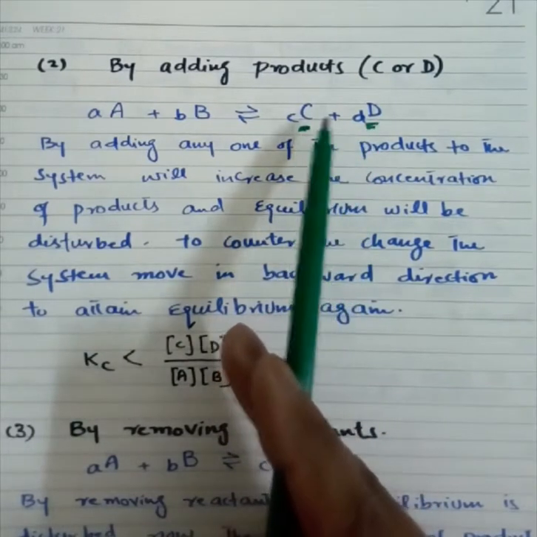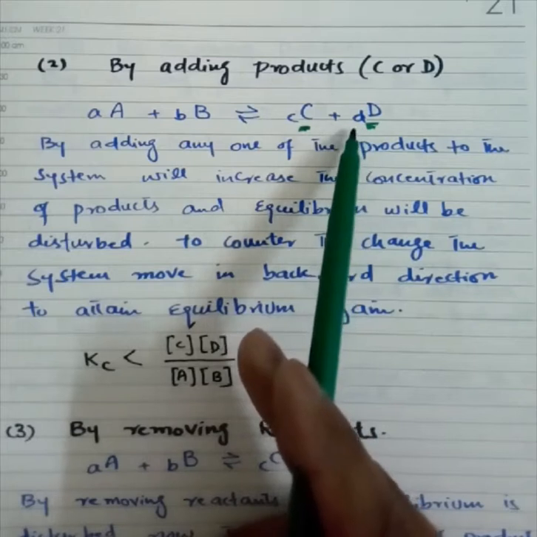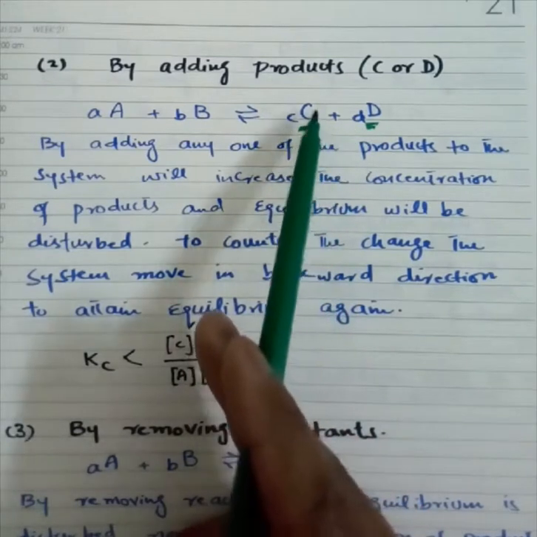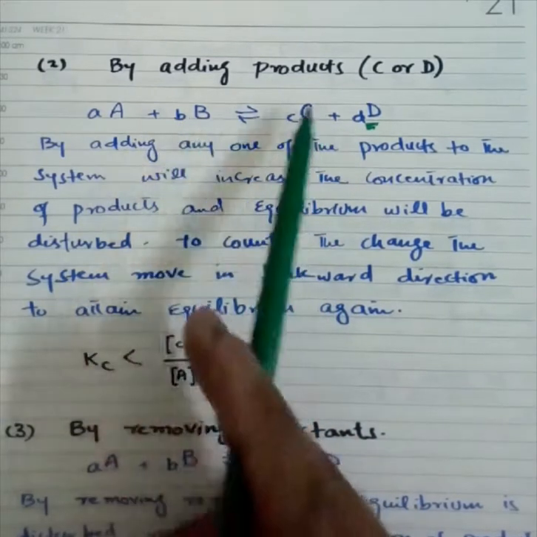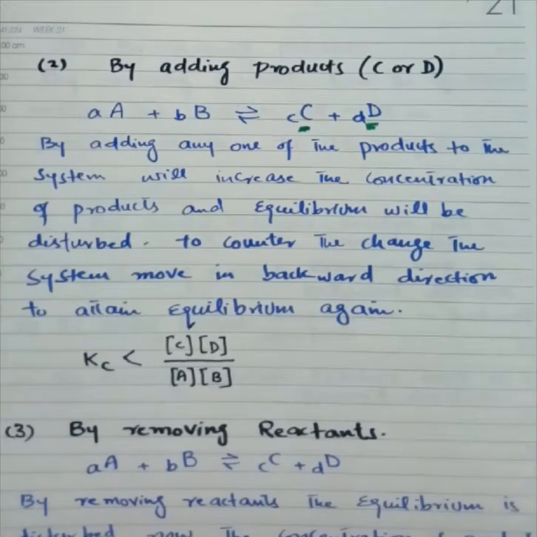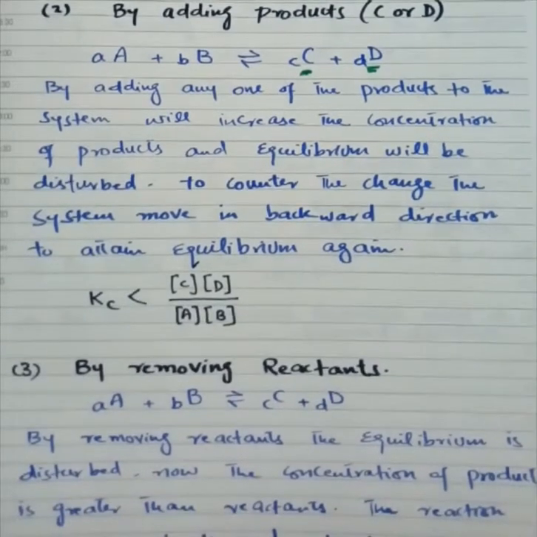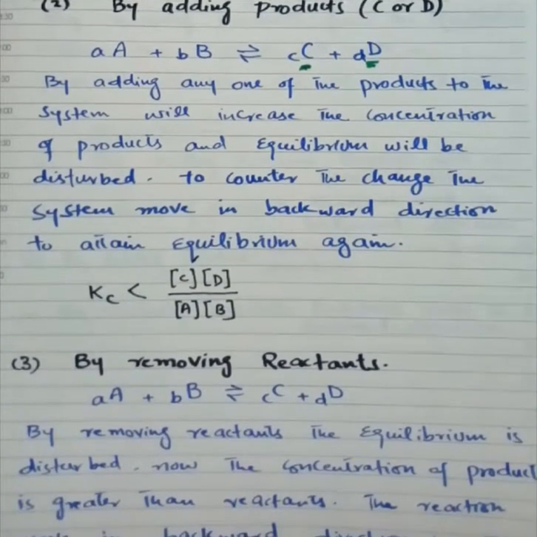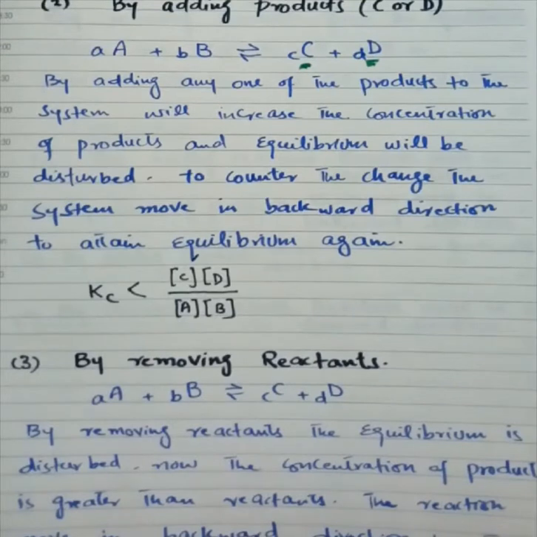Now the concentration of both products is increased, so the system will move in the backward direction in order to minimize the effect of the added product. In such cases, Kc will be greater than the equilibrium concentration ratio, so the reaction will move in the backward direction in order to maintain the constant value.